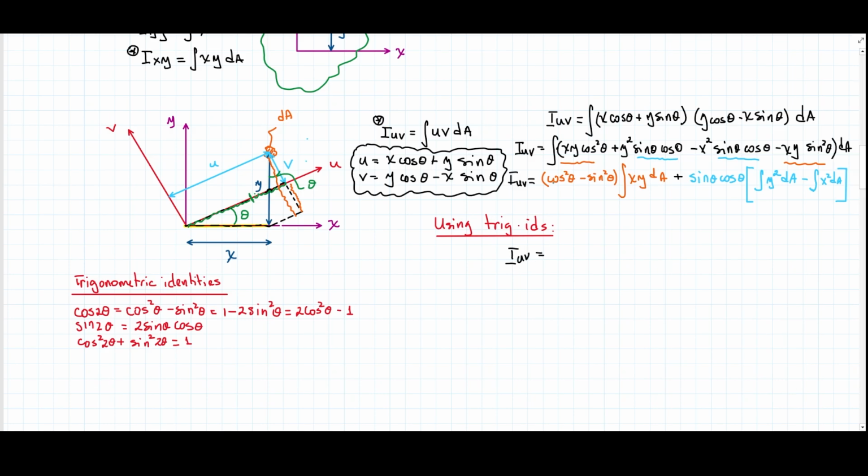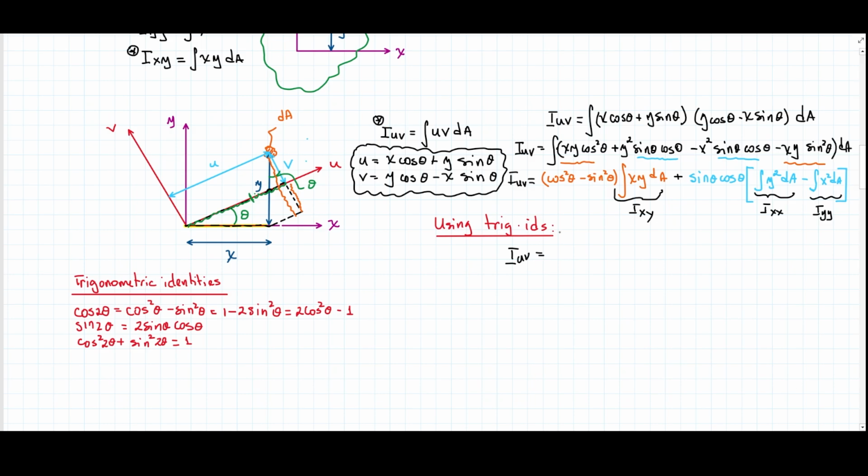Cosine square of theta minus sine square of theta is equal to cosine of 2 times the angle. So I can write this old formula, and I already know that this part here equals the product second moment of area. I know that this part here equals the moment of inertia, or second moment of area, around the x-axis. And this one here is equivalent to this one here, as we know from the definition we have written before.